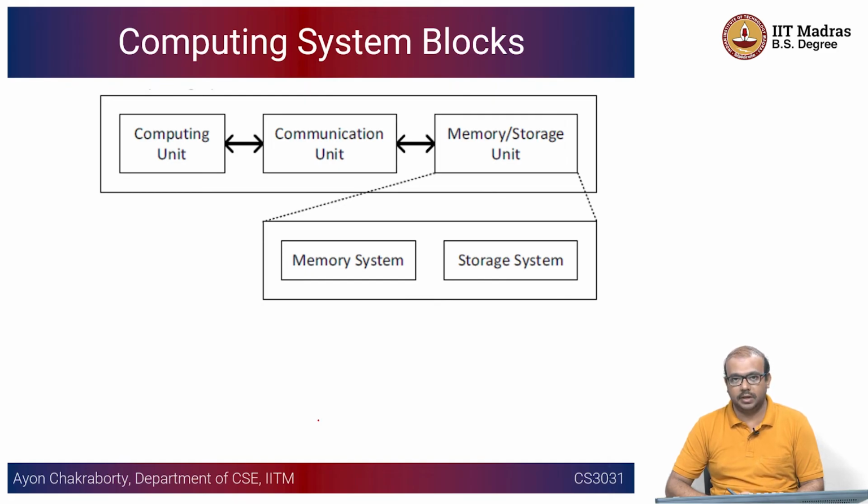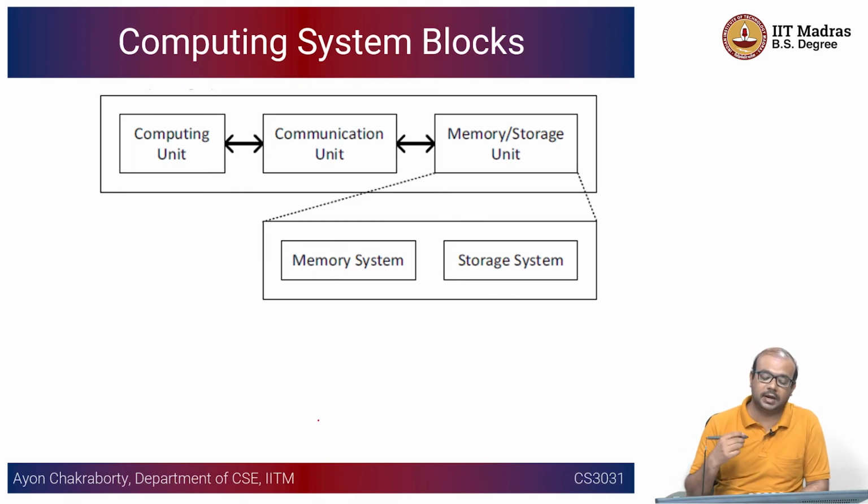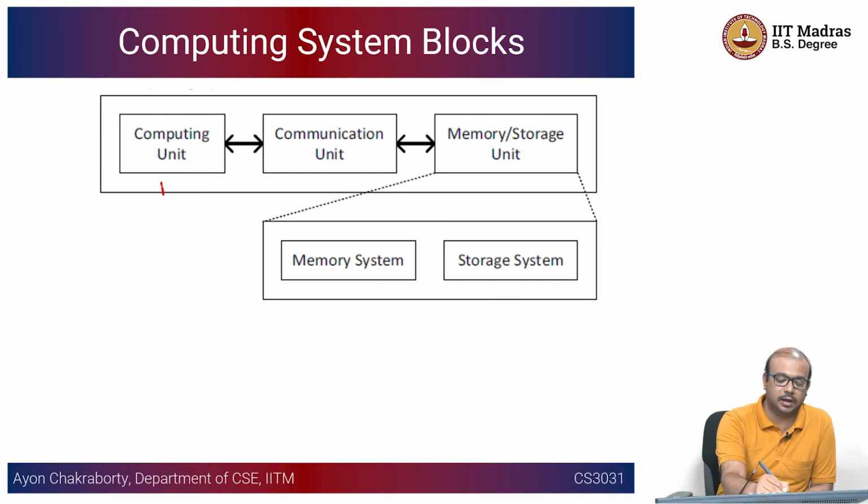One is the computing unit, which is typically called a processing unit, a processor, a CPU, or a central processing unit. There are many names associated with this particular unit.